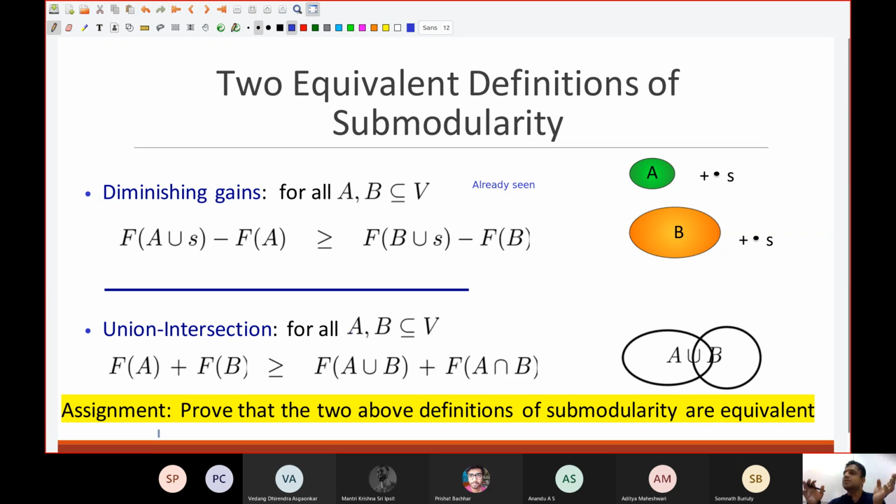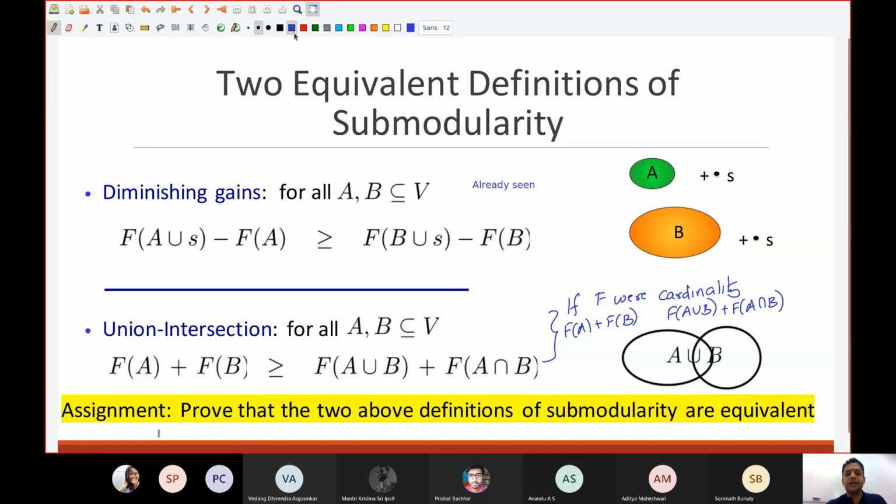So for modular functions, like for example, cardinality, what happens? What happens for cardinality? f of A plus f of B, and f of A union B plus f of A intersection B. So A and B are in green and orange or whatever, right?